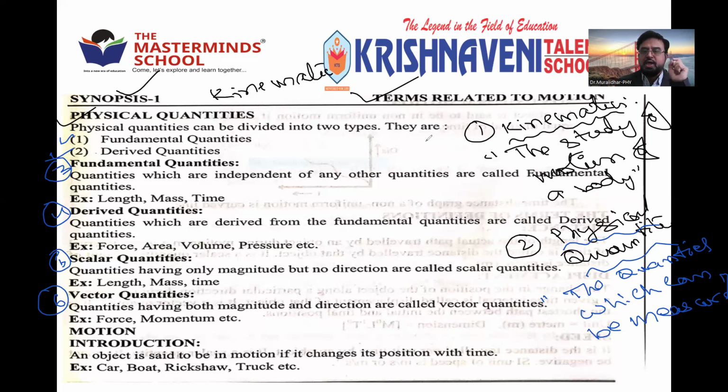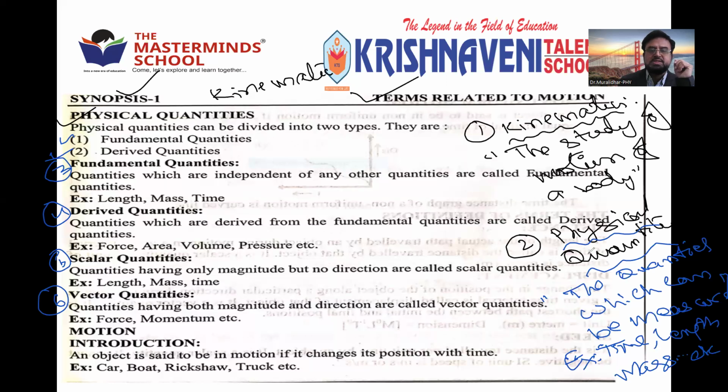So, the first point is about kinematics, the study of motion of a body. The second one is physical quantity, the quantities which can be measured. You can write examples also. Example: time, length, mass, etc. Area, volume, anything you can write.